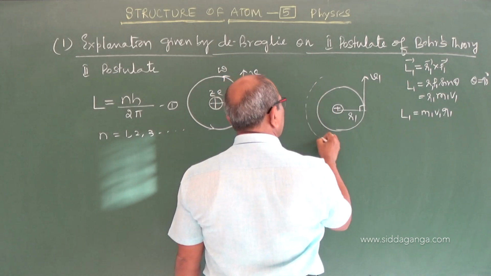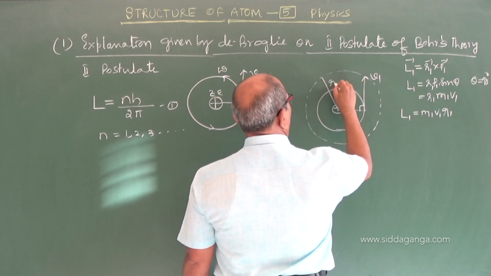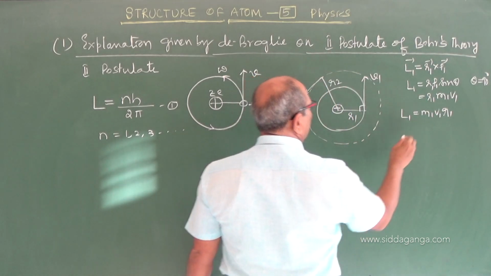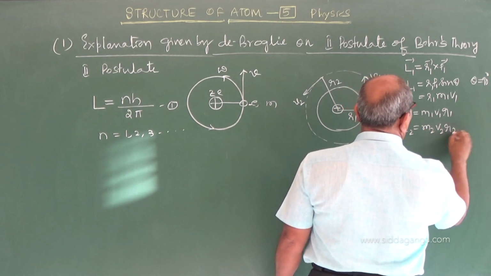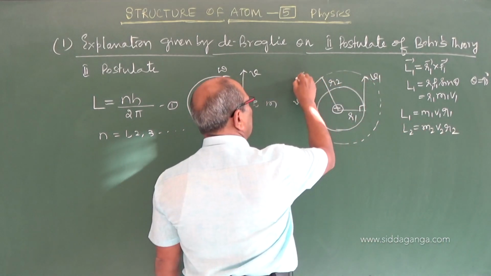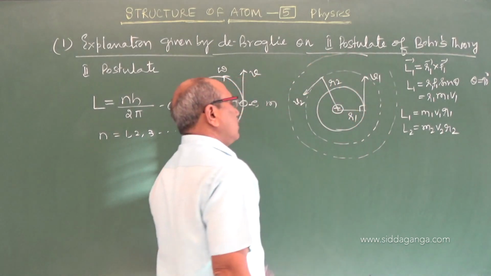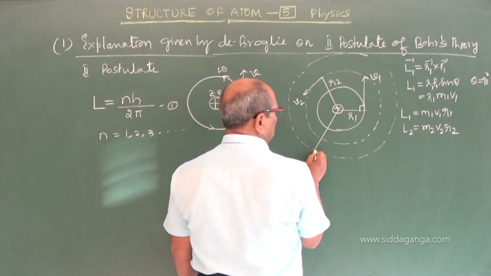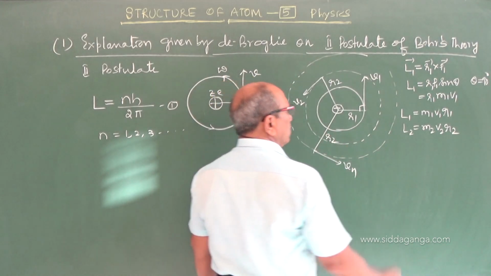Suppose it is in the second orbit, with radius r2 and speed v2. L2 can be written as m2 v2 r2. Imagine the nth orbit for the hydrogen atom, with Vn and Rn.